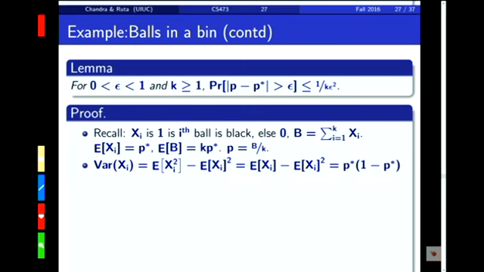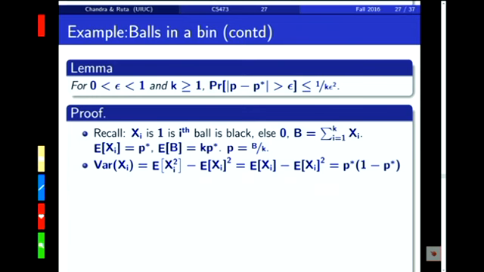And the variance of xi is this quantity. Now here, what is the expectation of xi square? What is xi?